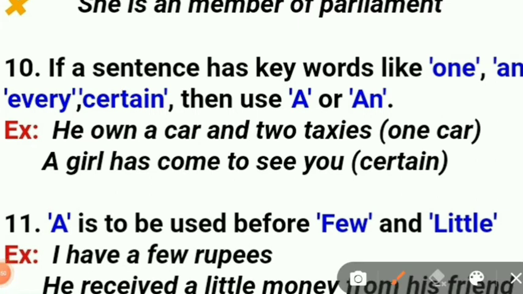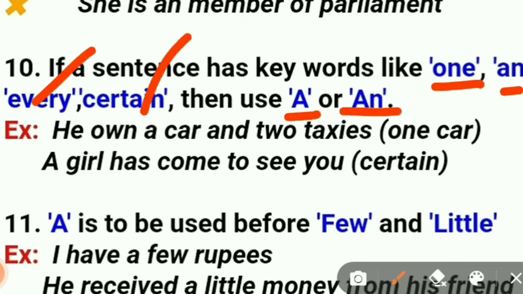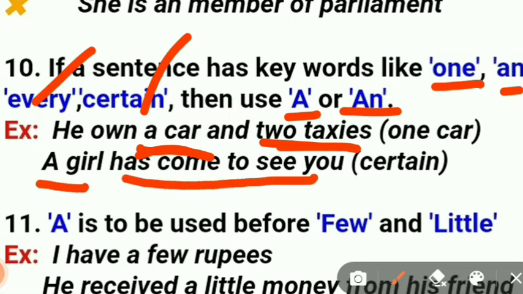Next, if a sentence has keywords like one, any, every, certain, these use a or an. For example, he won a car and two taxis. He won a car, here meaning only one car, and two taxis. A girl has come to see you.